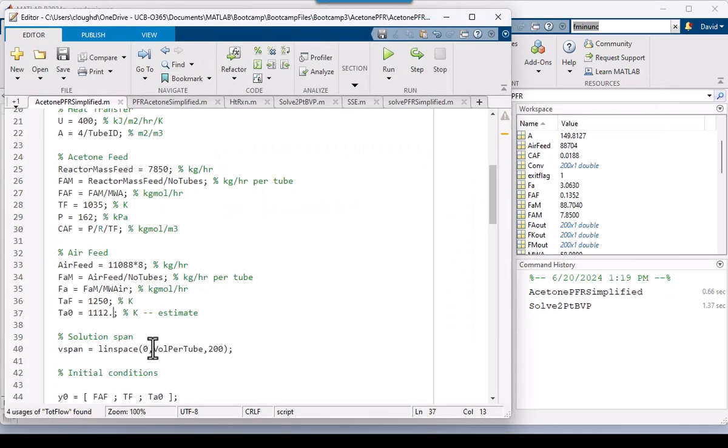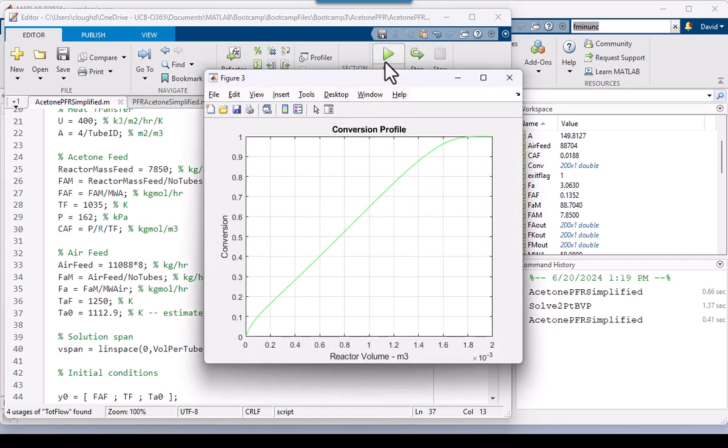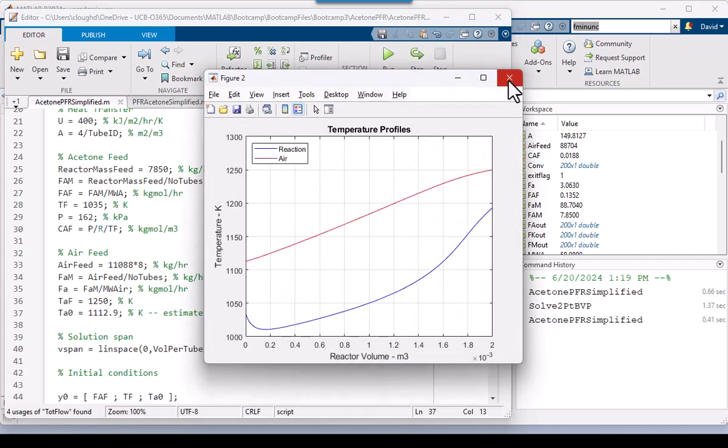Let's make it 0.9. And then we could take that and we could run that model to see our charts. And this is roughly the same as before. And now we notice our temperature profile hits the 1250 requirement right on the button. So that's how we have solved the two-point boundary value problem. Okay?